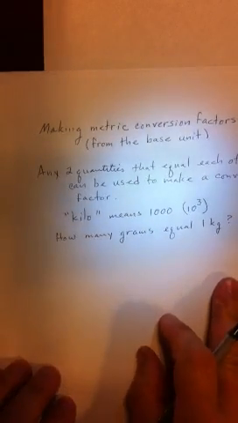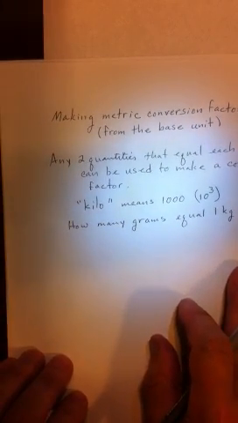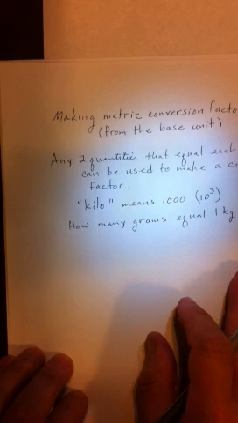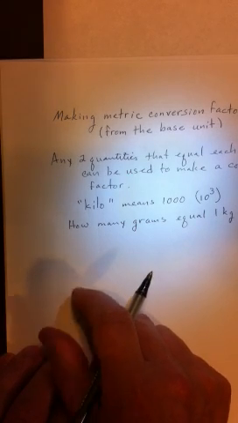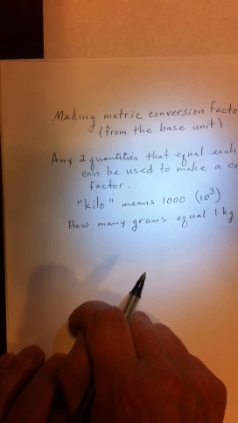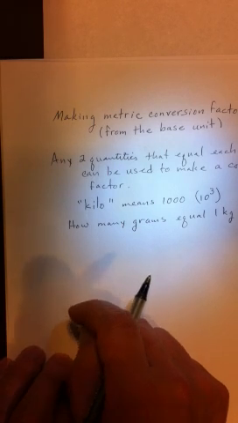Let's look at some conversion factors. It's always helpful to ask yourself which is larger and which is smaller. Are grams smaller than kilograms? Or would grams be larger than kilograms?